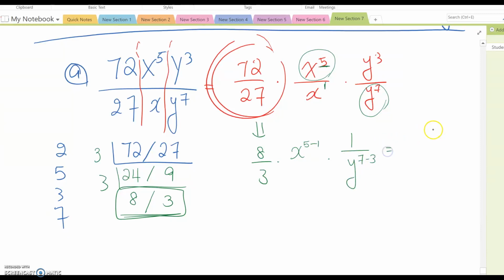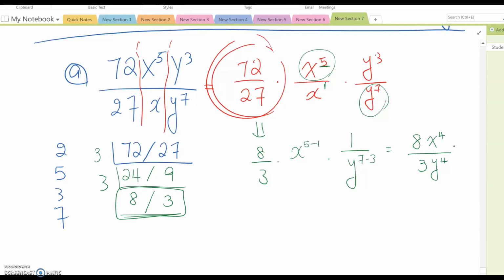So it becomes 8x to the fourth over 3y to the fourth. That will be the answer. Okay, you cannot simplify the two exponents because there are two different base values, so you cannot do that. So 8x to the fourth over 3y to the fourth should be the answer.